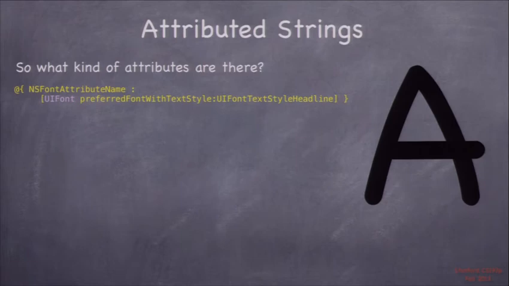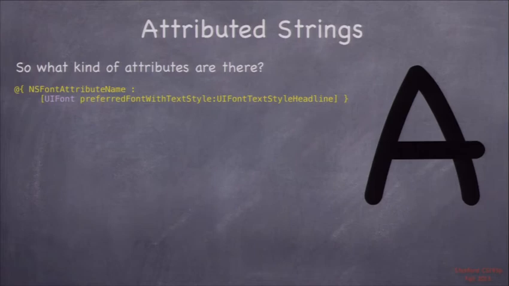There's a link there, which is UIKit additions to NSAttributedString, and all the keys that I'm going to talk about are there. The value of that key is a UIFont. This is where you would get a preferred font of a certain style, like a headline, let's say, in this case.